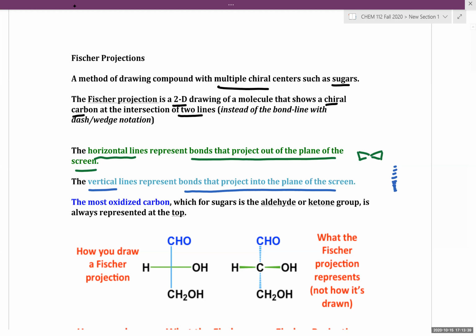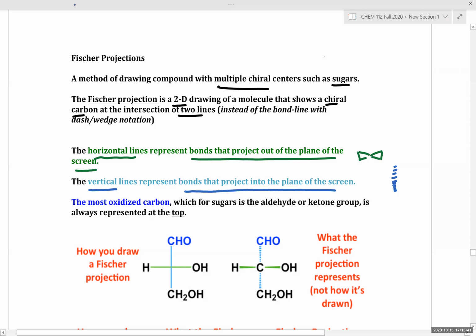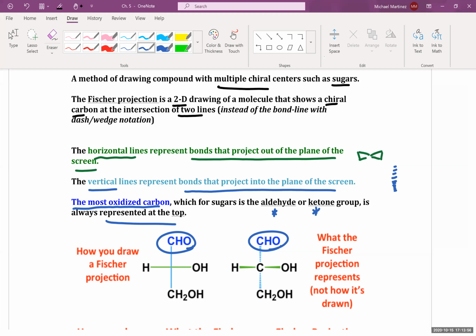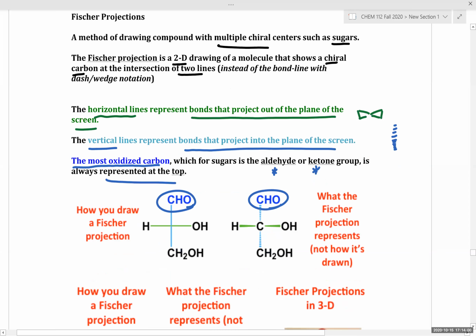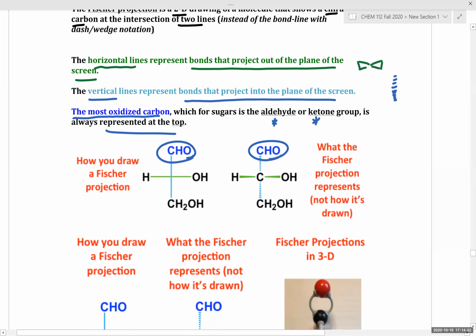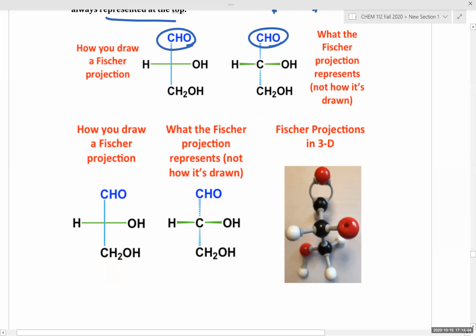So it's common in Fischer projections that the most oxidized carbon, which for sugars is almost overwhelmingly going to be the aldehyde or ketone group, is represented at the top of our structure. Okay, so now that we have that established, let's talk a little bit about how we analyze Fischer projections.